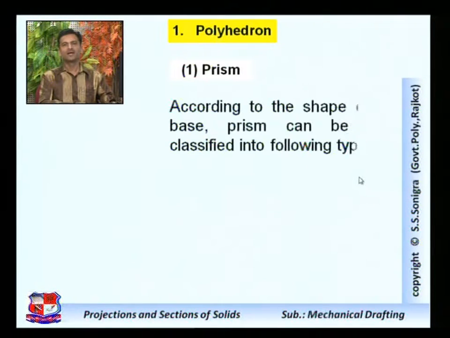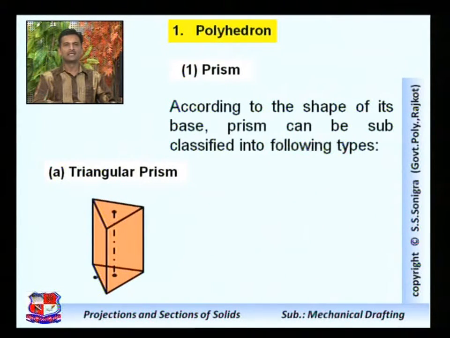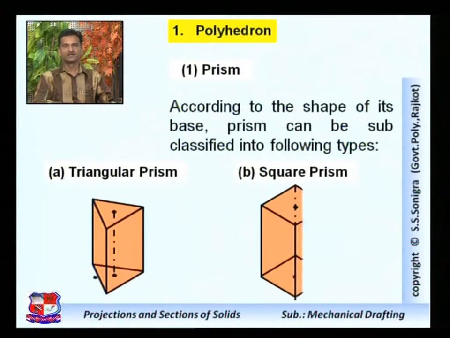According to the shape of its base, a prism can be subclassified into the following types. The first is the triangular prism, as we have seen. Second is the square prism. The upper face and lower face both are square shaped and these corners are joined with straight edges, and 4 rectangular faces are there.